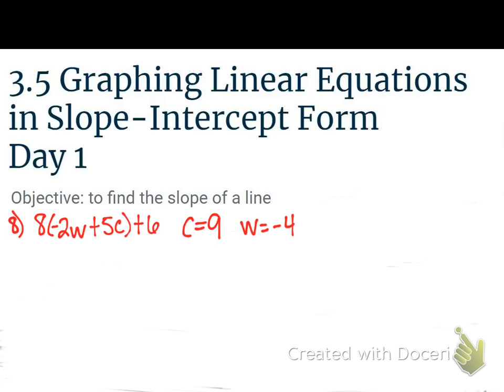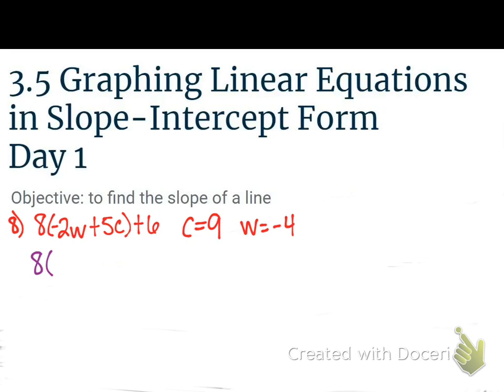For our warm-up, one of our homework problems was to simplify this expression using the values they gave us for those variables. So anytime we're told to simplify, the first thing we should do is what? Plug those in.